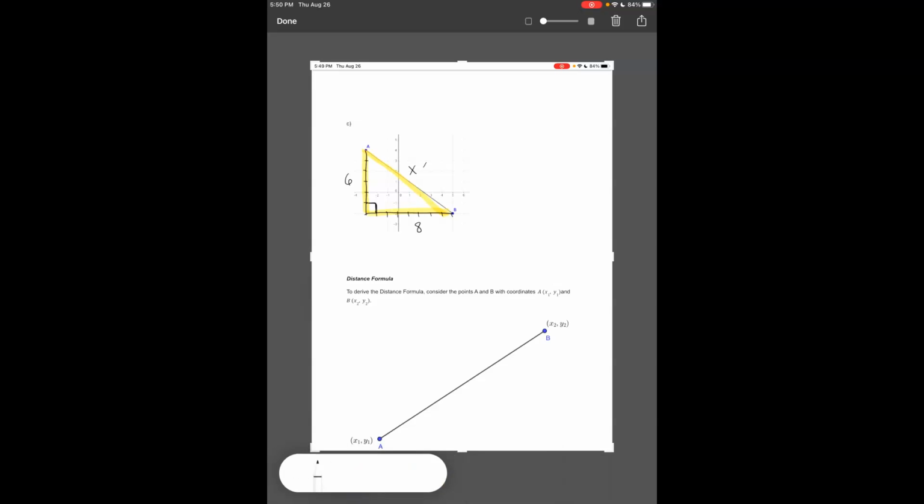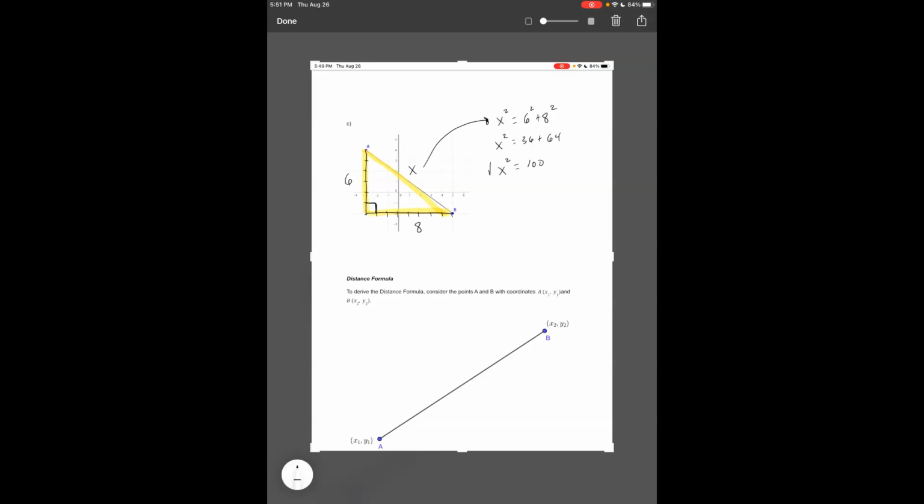So to find the length of segment AB, it's just an application of the Pythagorean theorem, where x squared, the hypotenuse, will go by itself in the equation, and x squared is equal to 6 squared plus 8 squared. And 6 squared is 36. 8 squared is 64. x squared is equal to 100, as 36 plus 64 is 100.